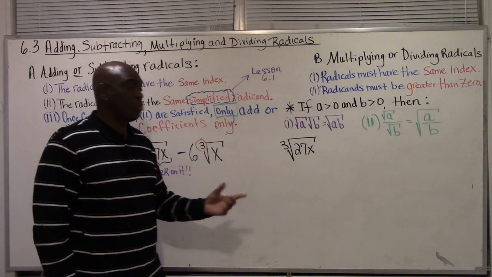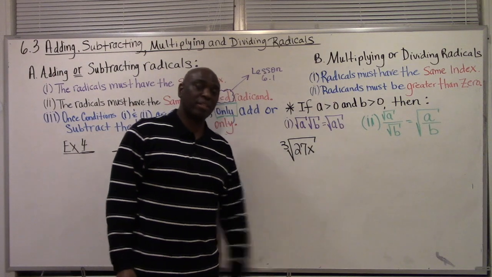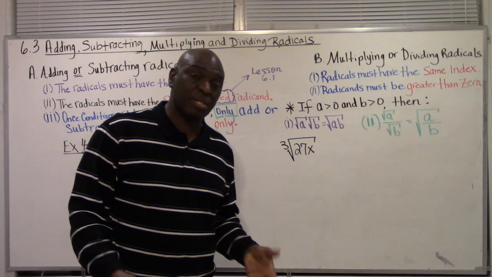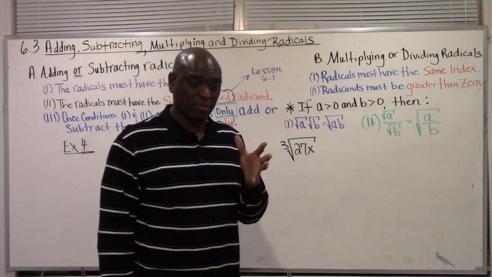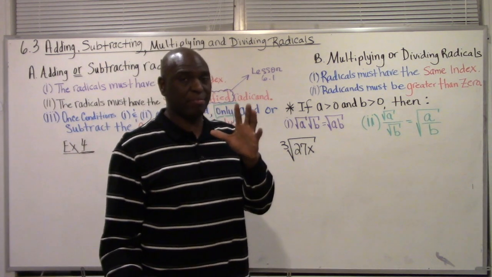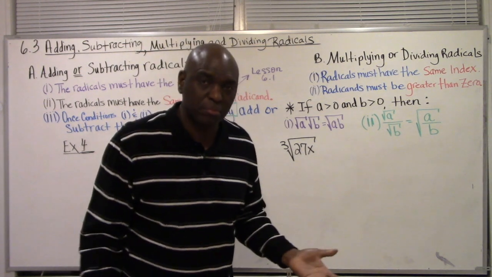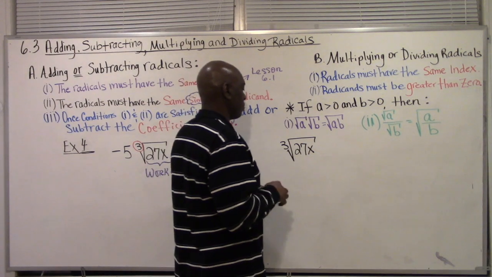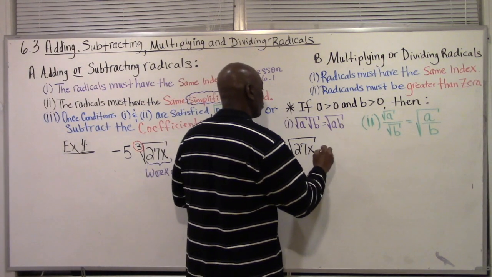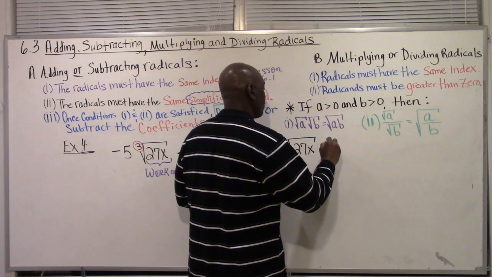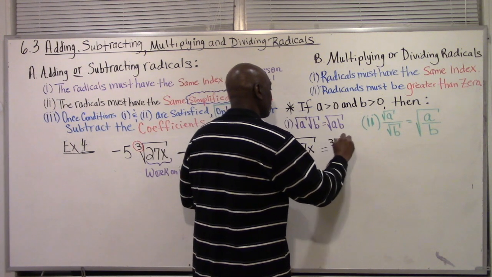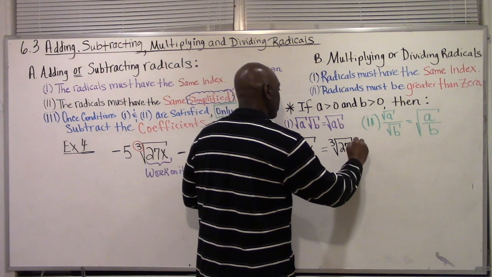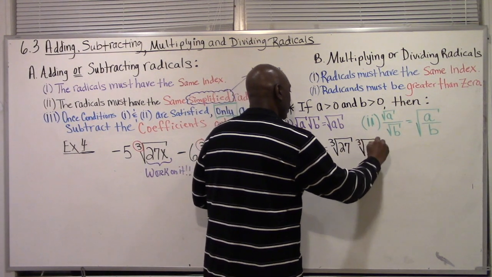And what we're going to use is this purple rule right above it, because 27 and x are living in the same house and they're having difficulty, which means that you got to split them up. So let's give 27 its own place and give x its own place.